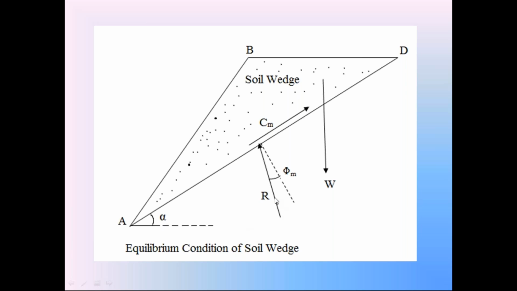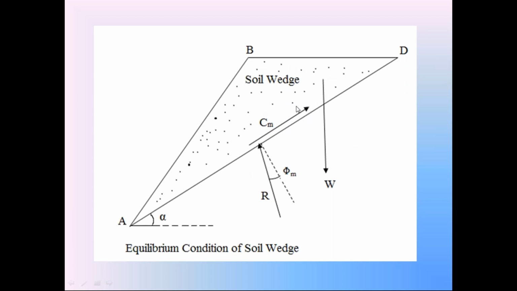Third is reaction force R. We know only the direction, not the magnitude. The direction of R makes the angle phi m with the perpendicular. Now please check these three forces acting on the soil wedge.